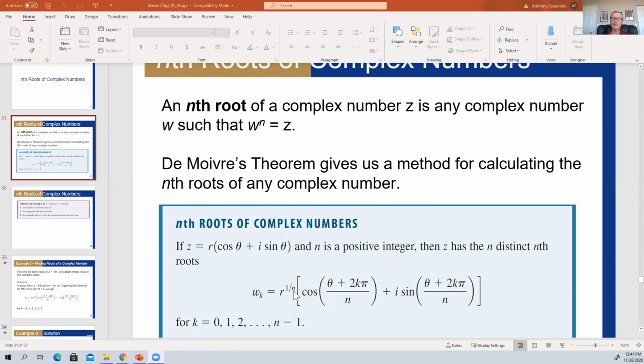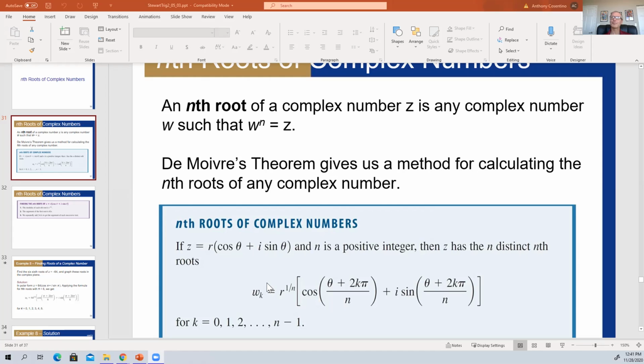So remember, 1 over 2 is square root, 1 over 3 would be cube root, 1 over 4 would be quarter root, etc. And each time you do that, you'll end up with that many possible solutions. So when you take the square root, you're going to end up with 2 possible solutions, a cube root 3.